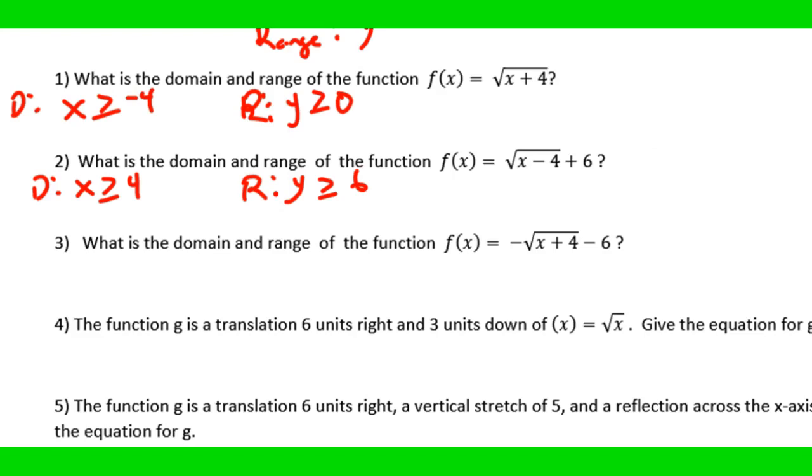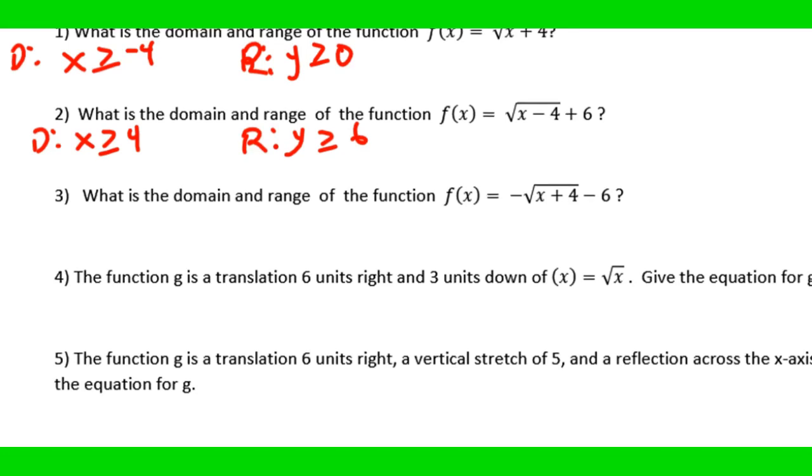Now, right here, let me sketch this one. First, we have the reflection over the x-axis. That +4 tells us we're going to move left 4: 1, 2, 3, 4. And then we have down 6. So down 6, this would be down here.